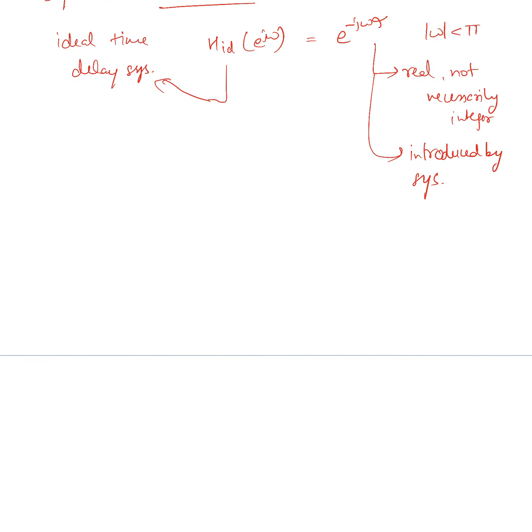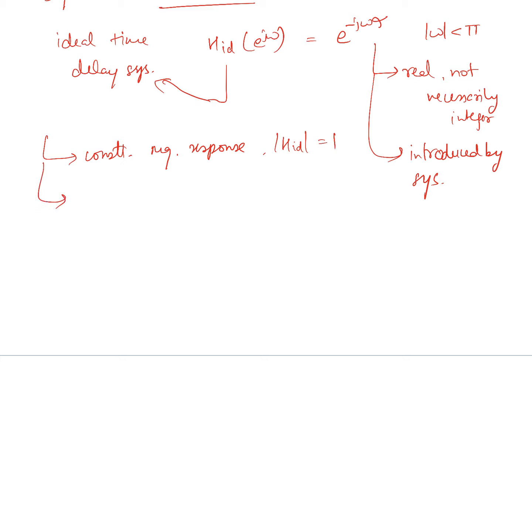Okay, so seeing the frequency response of the ideal delay system, we had seen that it has the constant magnitude response, and this magnitude response |H_id| is given as 1.